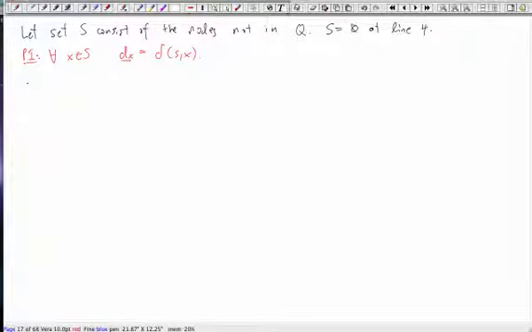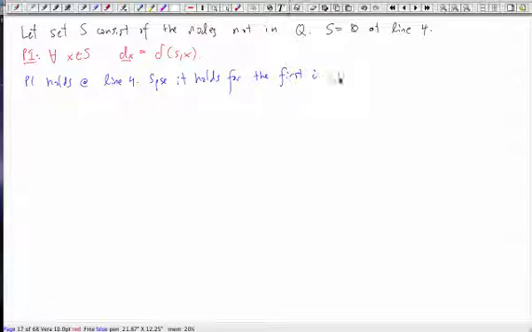And certainly, P1 holds at line 4. Suppose it holds for the first I iterations of the loop. Consider iteration I plus 1.